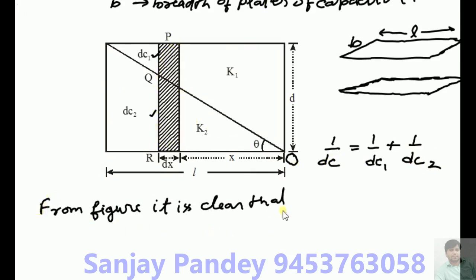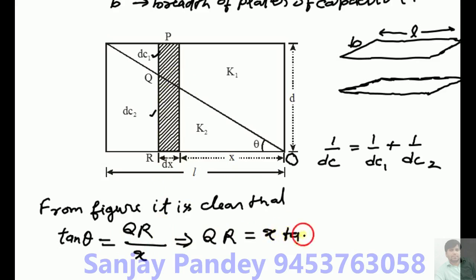Now from the figure it is clear that tan theta is equal to QR upon x. Therefore QR will be equal to x tan theta. PQ is this length.